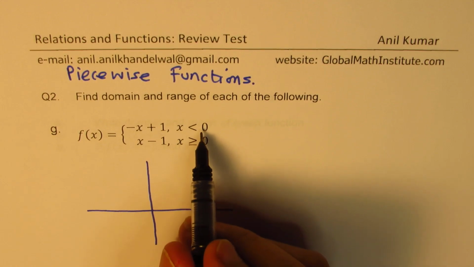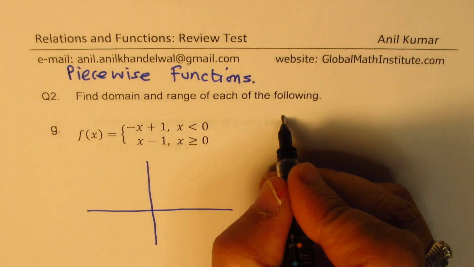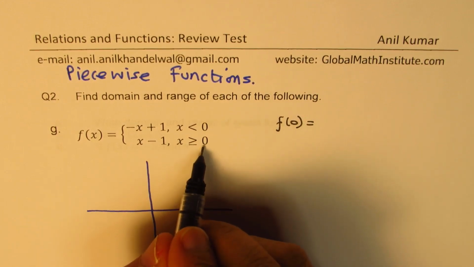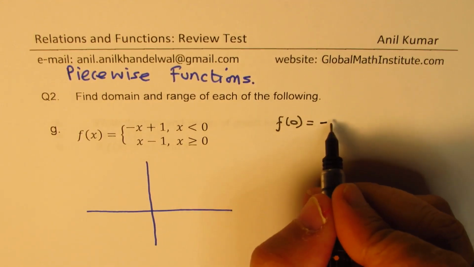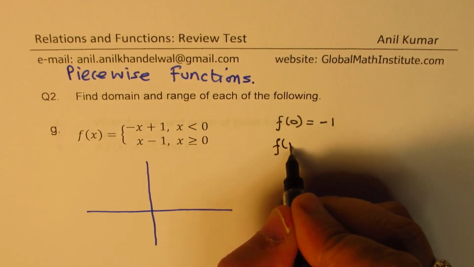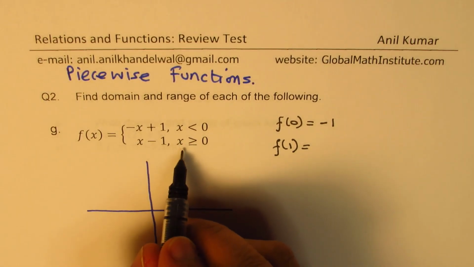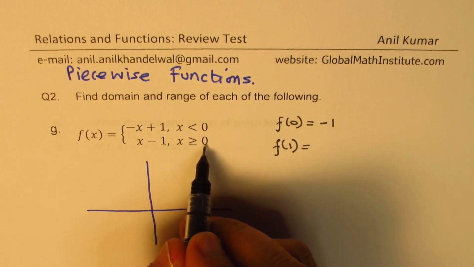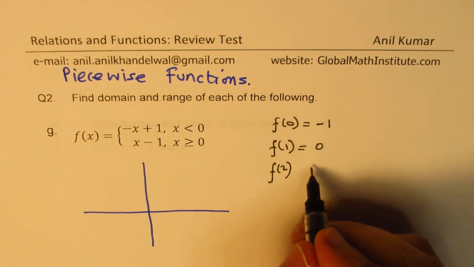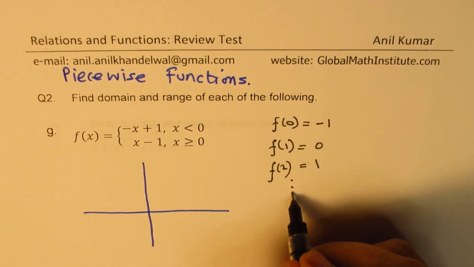So at 0, what is the value of the function? So if I write f of 0, then we are looking into the second branch and the value will be minus 1. Do you see that? And if I write f of 1, we are again looking into the second branch, which is greater than equal to 0. So we get 0. And f of 2 will be 2 minus 1, which is 1, and so on.